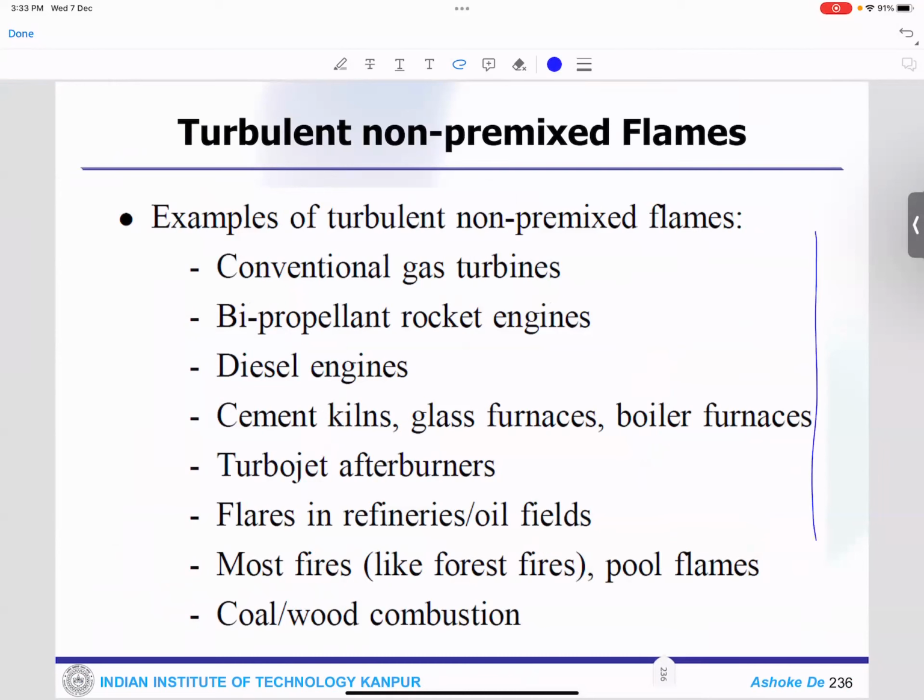Most real-life devices, like the conventional gas turbine, rocket engine, IC engine, diesel engine, not just aircraft engines, are non-premix in nature. Even spray combustion is pretty much non-premix in nature, especially if the sprays are injected into a normal oxidizer situation.